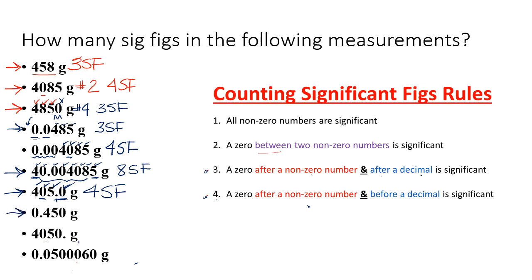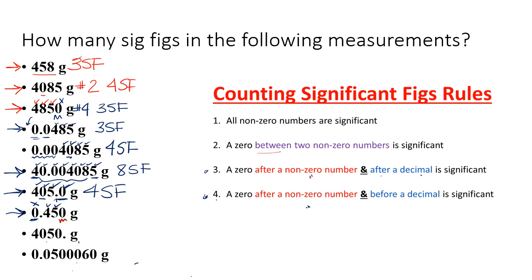Let's look at this next one. This 0 in the front, does it meet any of these 4? And specifically, we know it's 3 or 4. It does not meet the after a non-zero number requirement. So this one is not significant. The 4 and the 5 are, well, let's consider this 0.